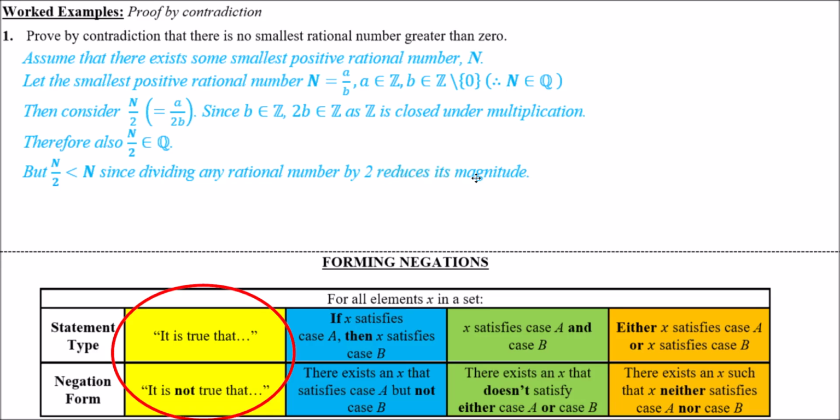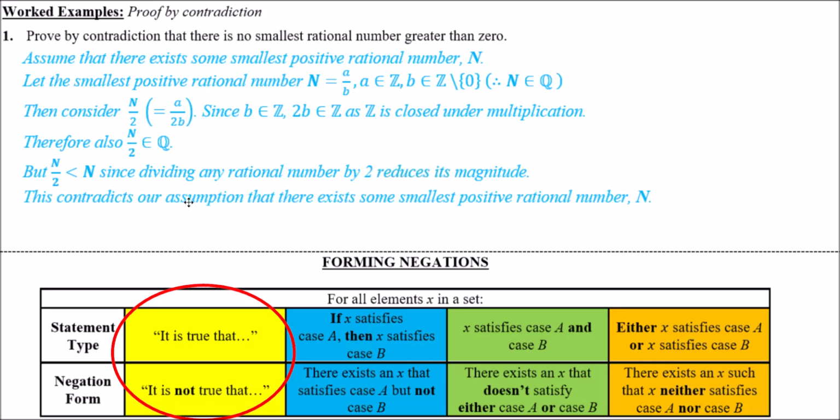It will halve its size. But this contradicts our assumption that there existed some smallest positive rational number N. No matter what N is, we can always halve it. Well, not just half, we could divide it by 3, 4, we could divide it by any other rational value.